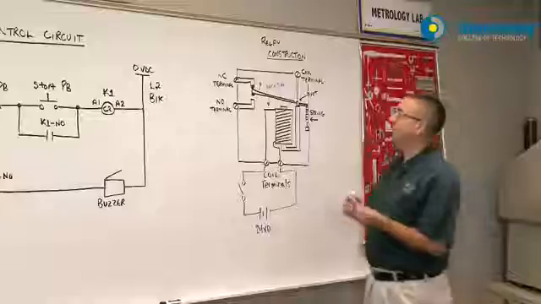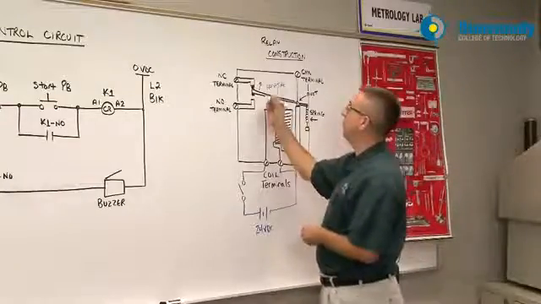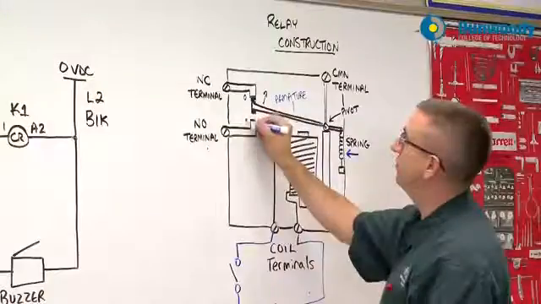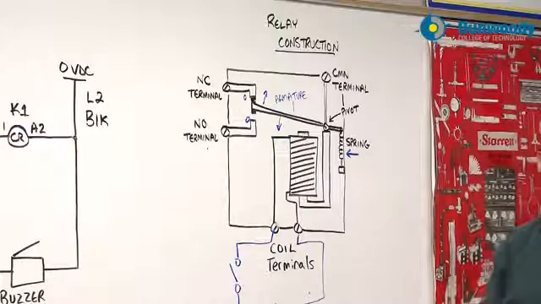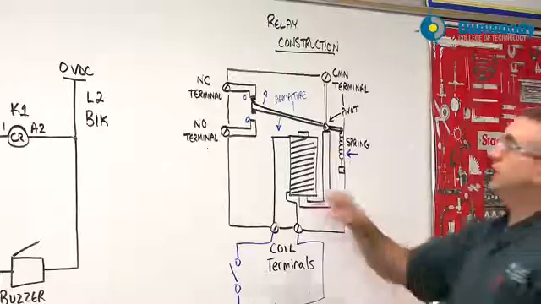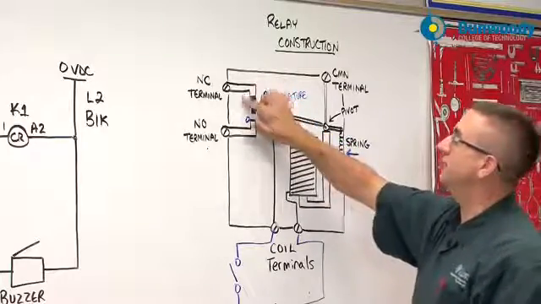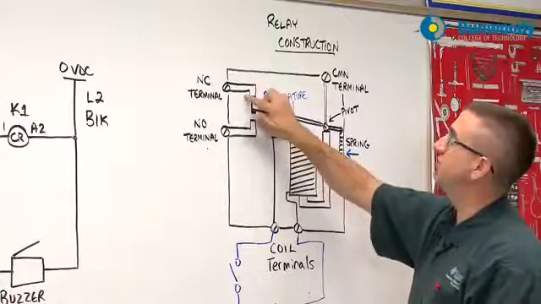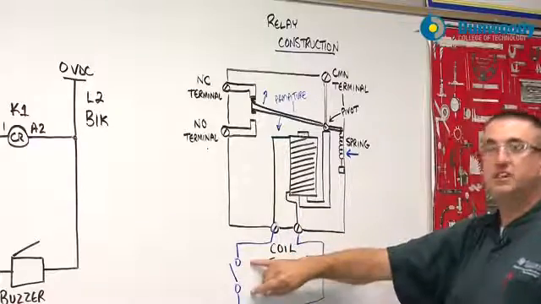So basically this armature is going to bounce between 2 points. This would be 1 point here and this would be 1 point here. These are what we call our normally open and normally closed contacts. As I look at this drawing here, what I can see is right now my coil is de-energized.